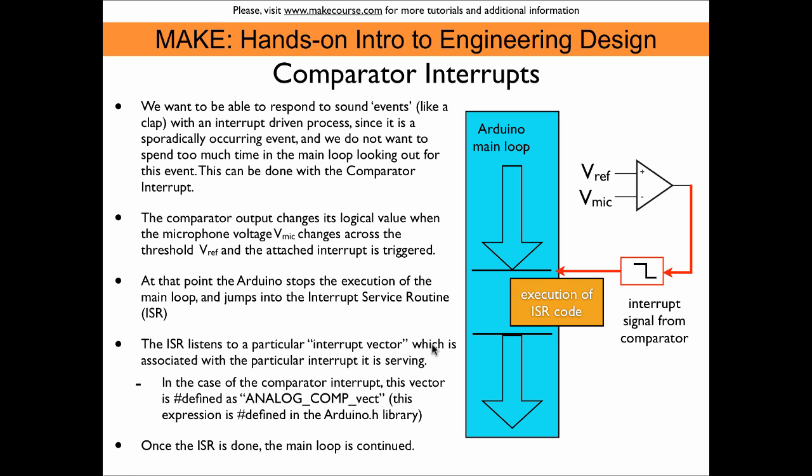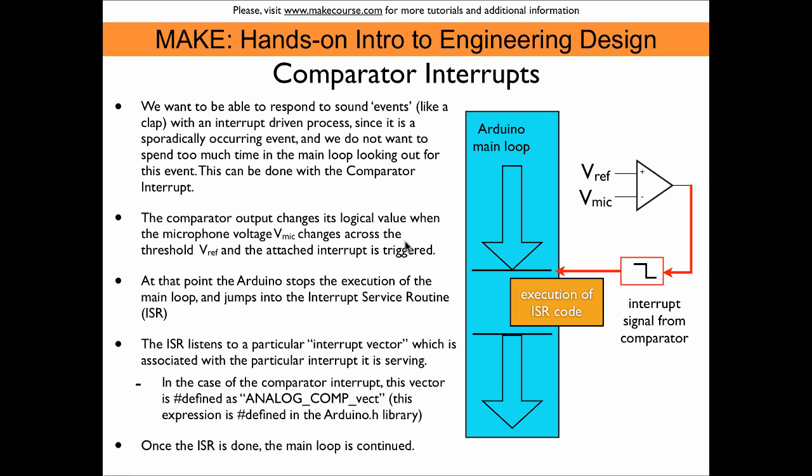So there is a specific interrupt vector that is associated with the comparator interrupt, and this is called ANALOG_COMP_vect, a somewhat cryptic abbreviation that is defined in the Arduino library. So we can simply use this expression in the interrupt service routine.